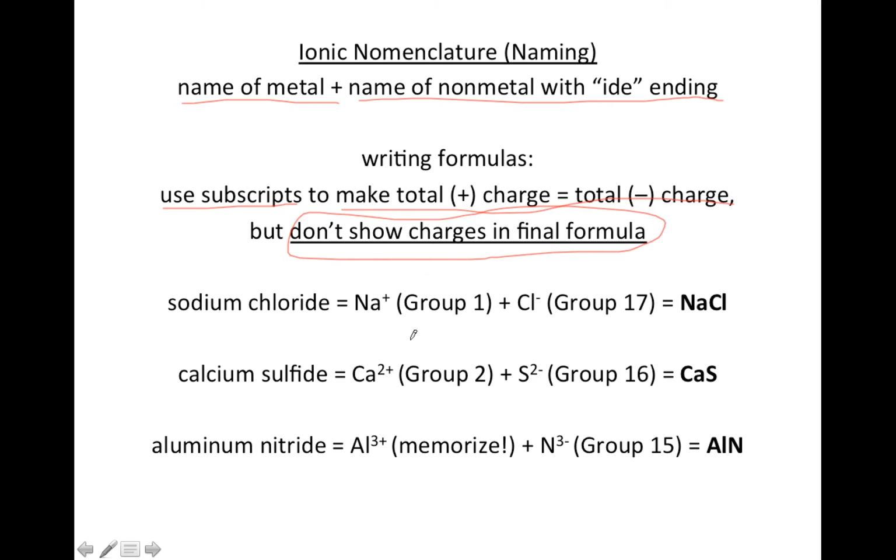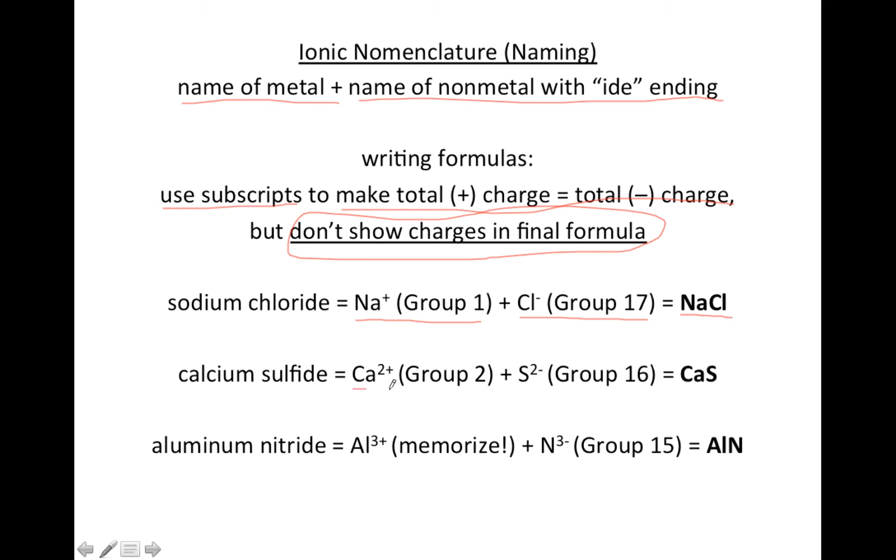So here's 3 simple examples. You actually don't need subscripts in these examples because the plus and the minuses are going to end up being equal. First one's the classic example. Na is in group 1, so it's going to be a +1 charge, and chlorine is in group 17, -1. So since the pluses and minuses are already equal, you just write NaCl without the charges, and you don't have to use subscripts.